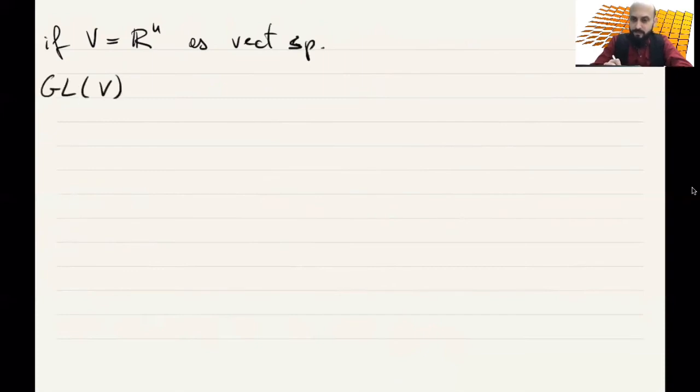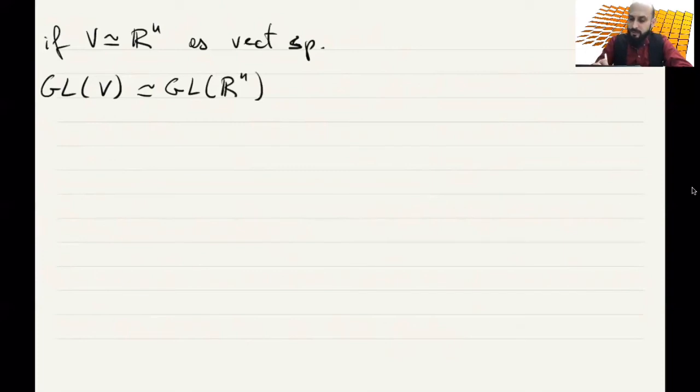So think of V to be just Rn, as a vector space. If we identify V by a linear isomorphism with Rn, we can see GL(V) as GLn.